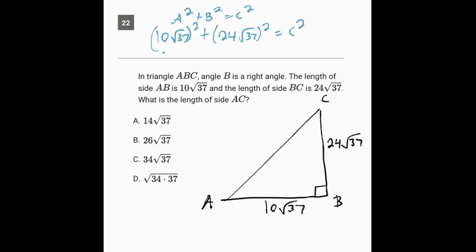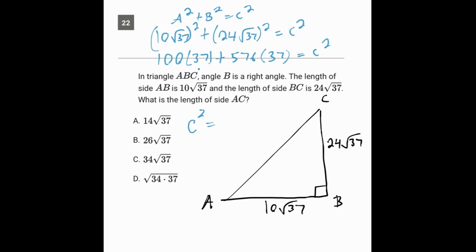So squaring the 10 root 37, 10 times 10 is 100. Root 37 times root 37 is just 37. So let me make this a little neater. We have 100 times 37 plus 24 times 24, 576, also times 37. So right now, we've got C squared is equal to 100 37s plus 576 37s.